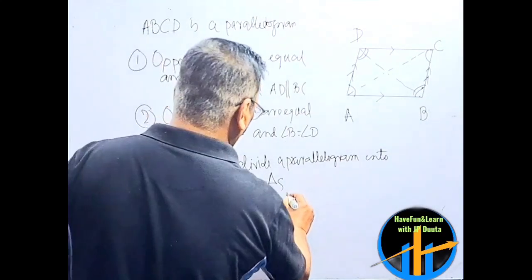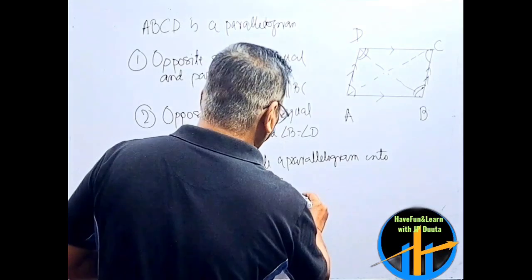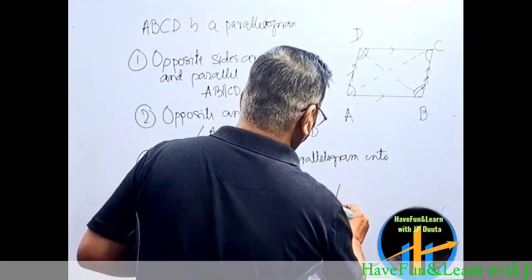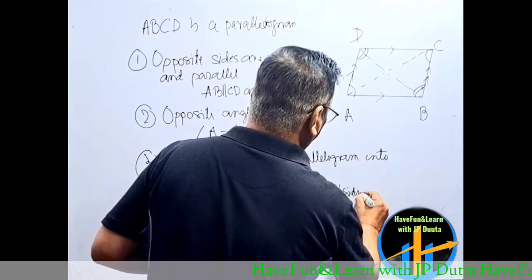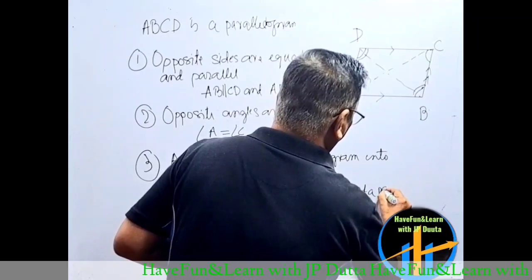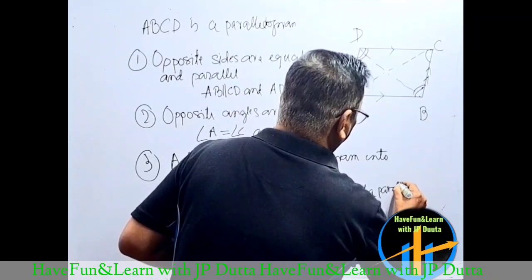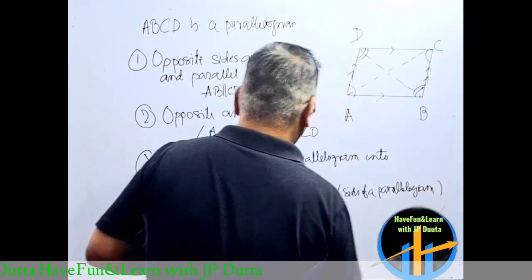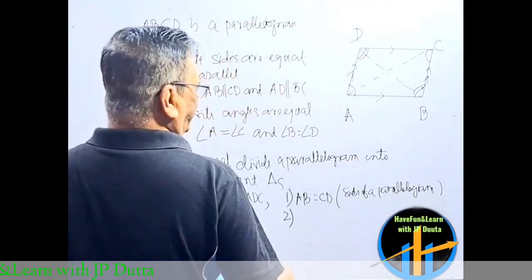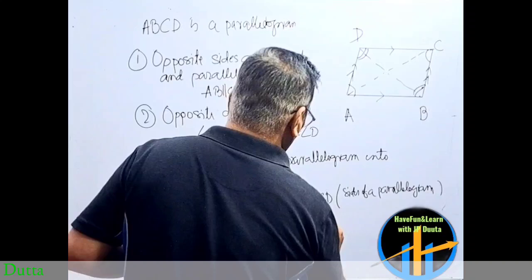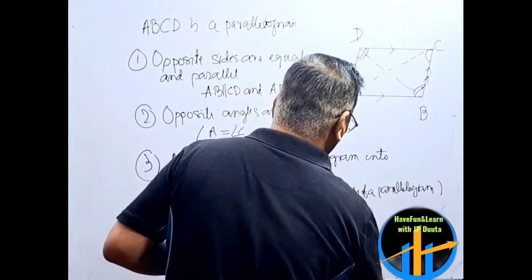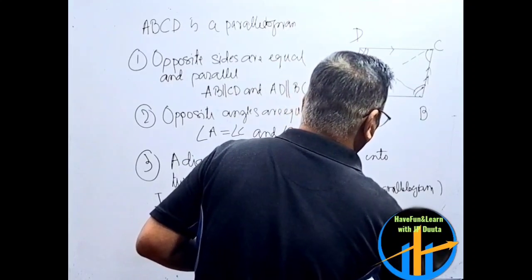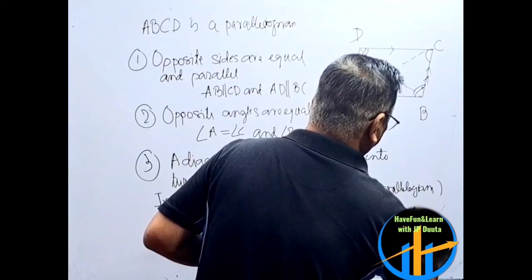we can write number 1, AB is equal to CD, sides of a parallelogram. Number 2, AC is equal to AC, common to both triangles.